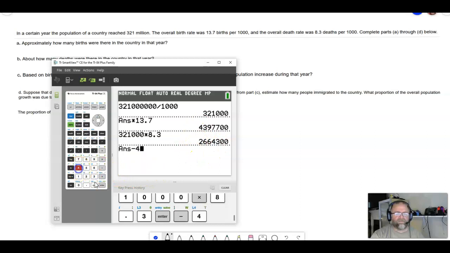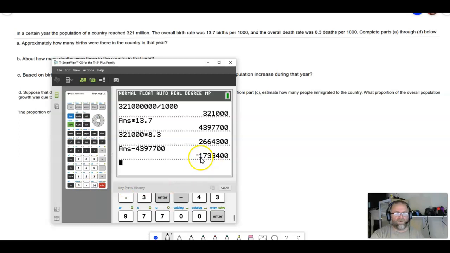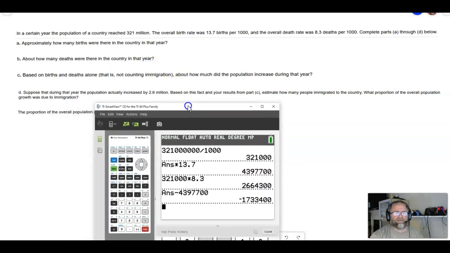So I'm just going to subtract the 4,397,700, and that's going to give us approximately 1,733,400 extra people that year, because that's the number of births minus the number of deaths.